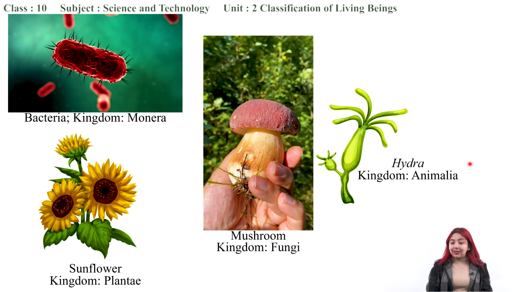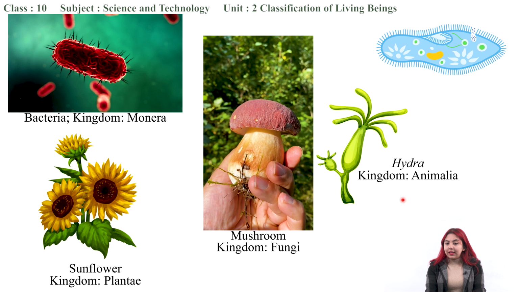I hope you said kingdom Animalia, because you should not be confused by the color and the shape of this organism. It is not a plant, it is an animal. Just because the diagram is green in color does not mean it is a plant. So Hydra belongs in the kingdom Animalia. Now I have the final organism. What organism is this?